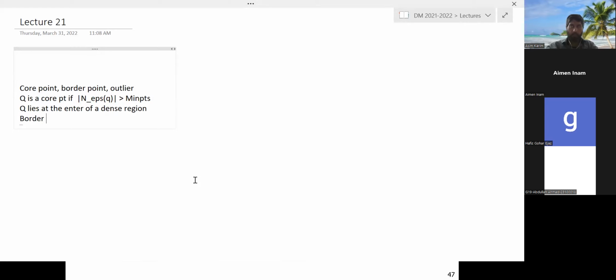What about border point? So Q is a border point if it lies in some N EPS of P, of course we're talking about Q, it lies in a dense region defined by P, and Q is not a core point.